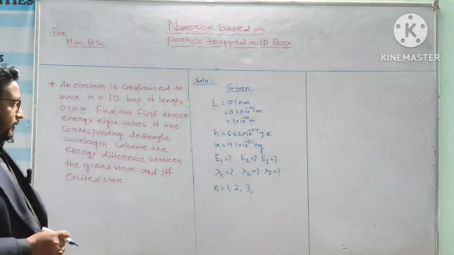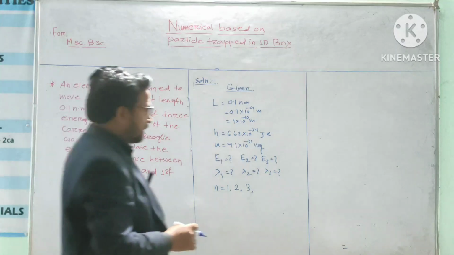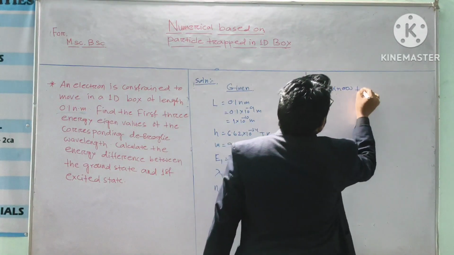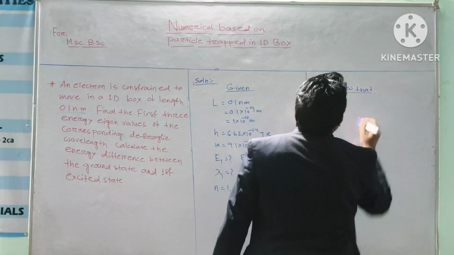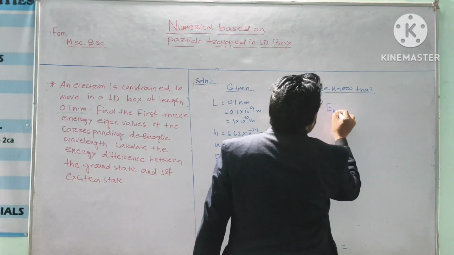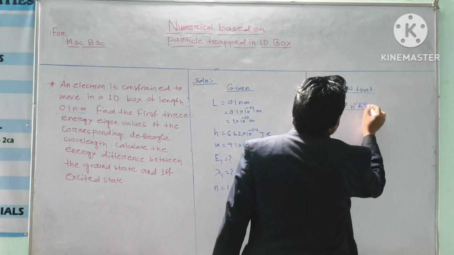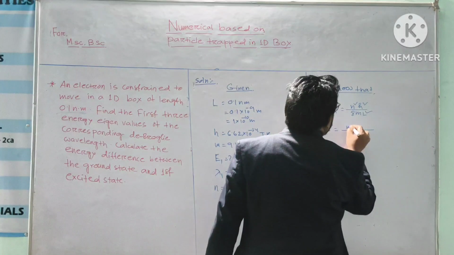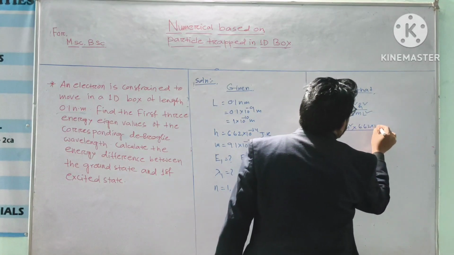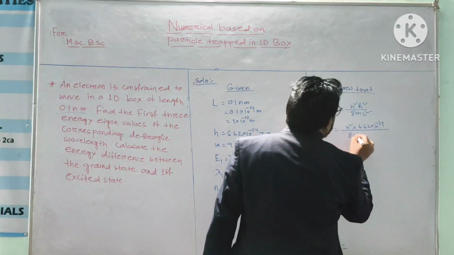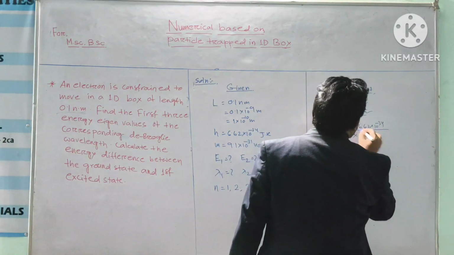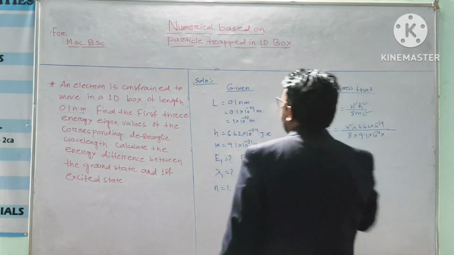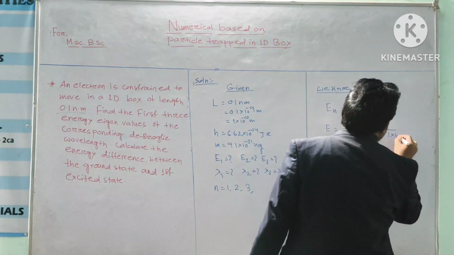Okay, so we know that E_n equal n square h square by 8 m L square. Suppose E equal n square, the value of h equal 6.62 into 10 to the power minus 34, and 8 into m, mass of electron, 9.1 into 10 to the power minus 31, into L square, the value of L equal 1 into 10 to the power minus 10 meter.